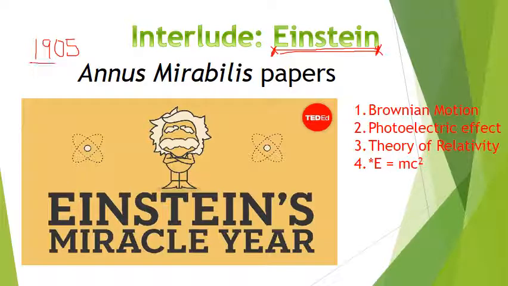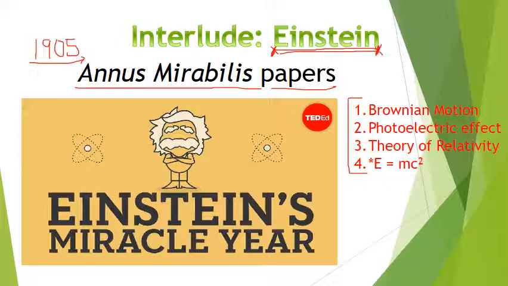In 1905, he wrote four papers that have been called the Annus Mirabilis papers, which means the year of the miracle papers. They have to do with four subjects: Brownian motion, photoelectric effect, theory of relativity, and E equals mc squared.